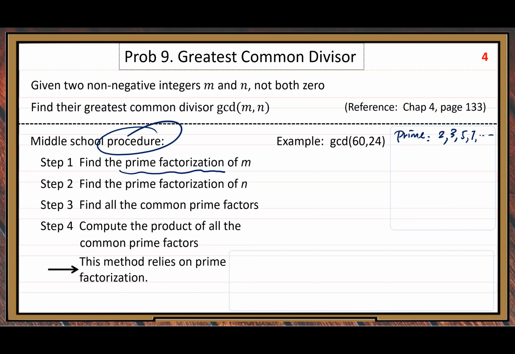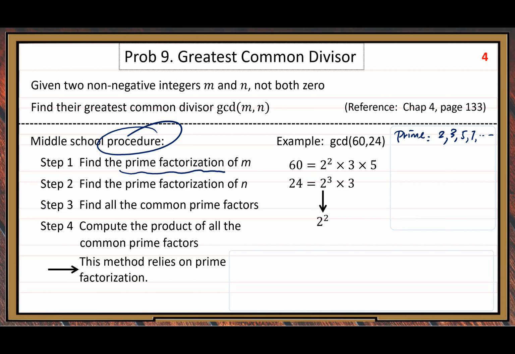Let us do a simple example here. GCD of 60 and 24. First, let us do prime factorization. 60 equals 2 squared times 3 times 5. 24 equals 2 cubed times 3. Then let us do observation to get the largest power of prime common factor.